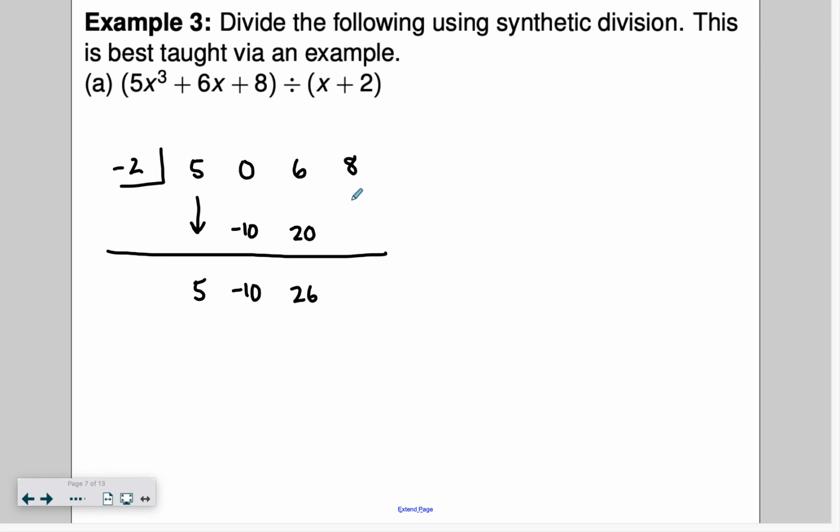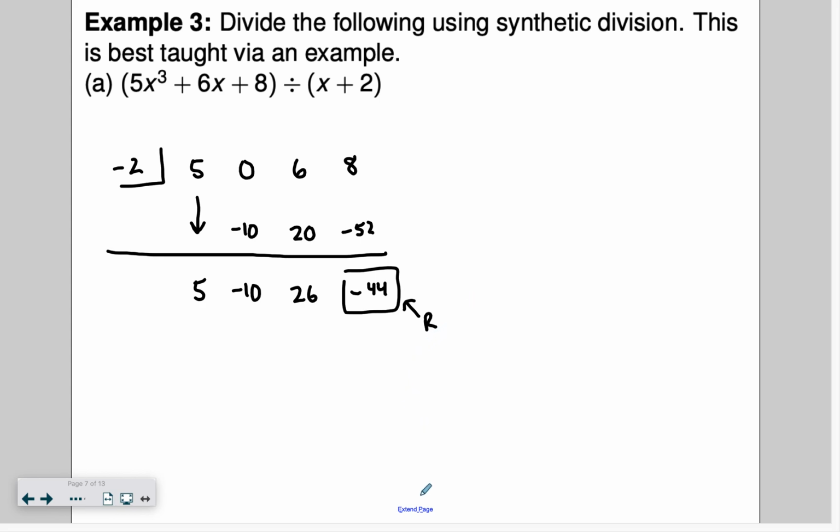Negative 2 times positive 26 is negative 52. 8 minus 52 will be negative 44. So this number at the end is our remainder.